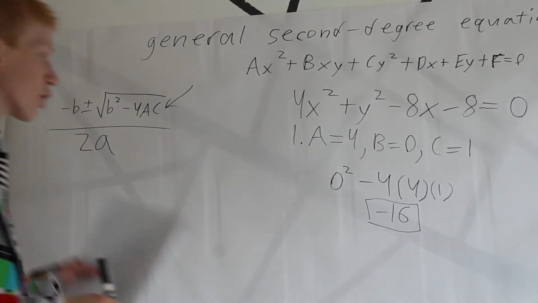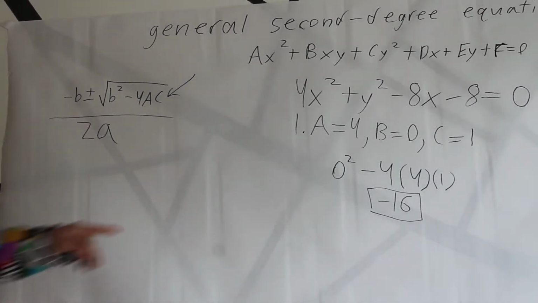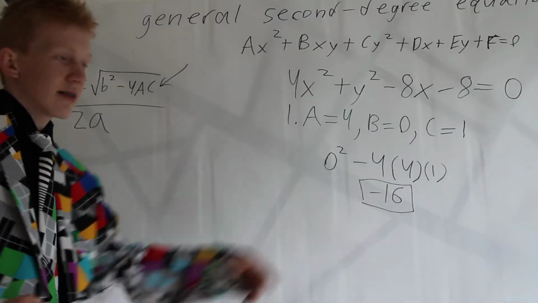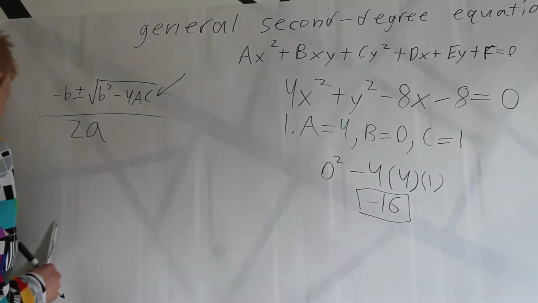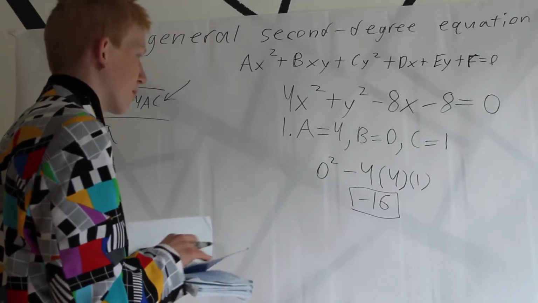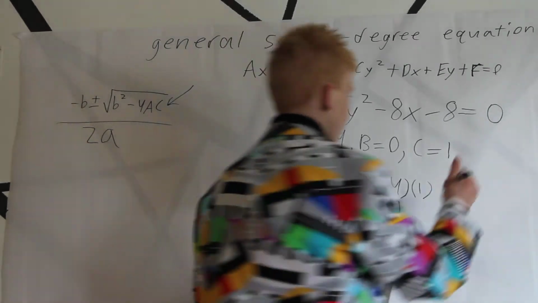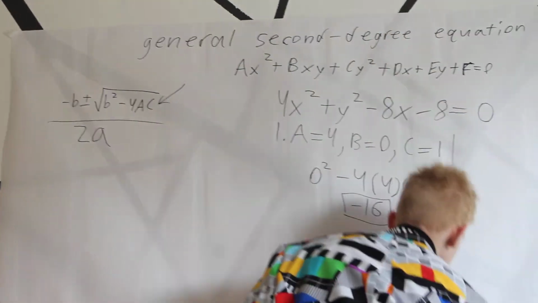And now you're going to be able to find out what type of conic section it is by knowing what the discriminant is. So these are the rules, and you just need to learn this. And it's probably going to be annoying, but you're just going to have to learn it. Here we go. I'm going to write it right here.